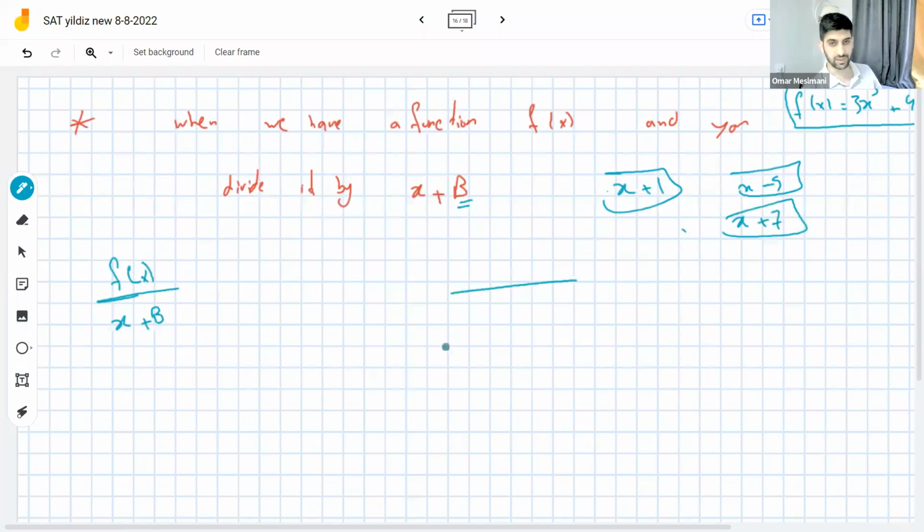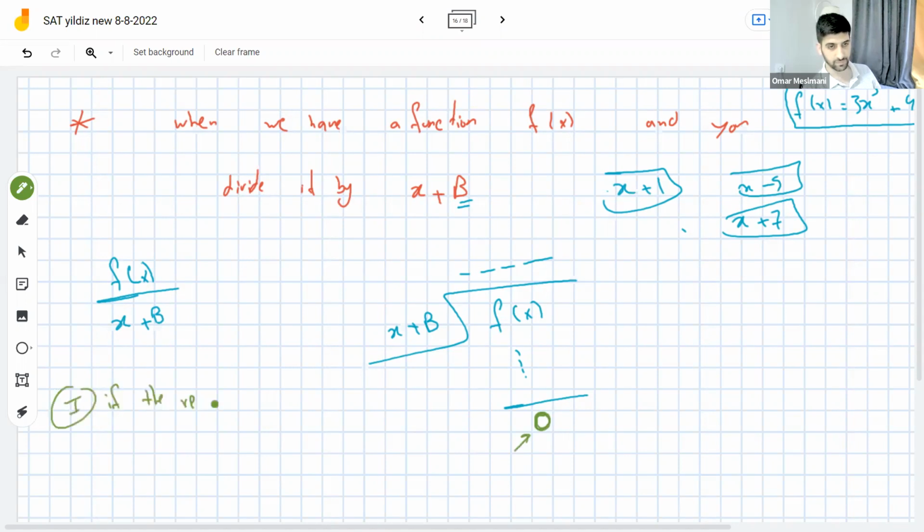Try to take the fx. You try to divide it by x plus b. Right. I don't care about the answer. Actually, I care about the remainder. Now, the remainder has 2 types or 2 cases. The case number 1 is if the remainder is equal to 0.